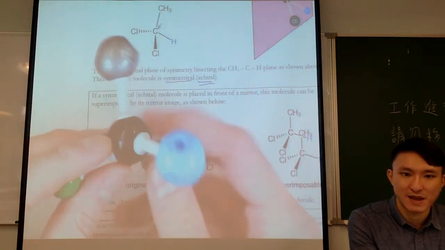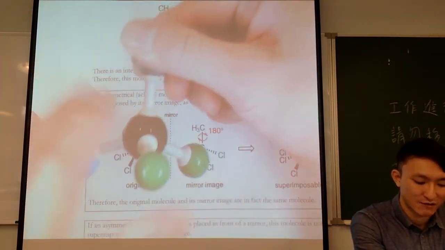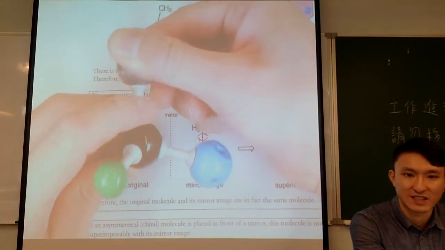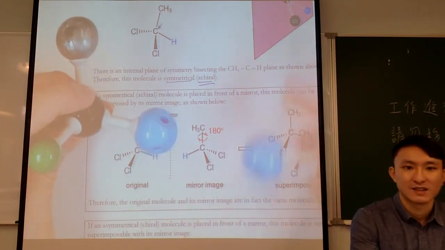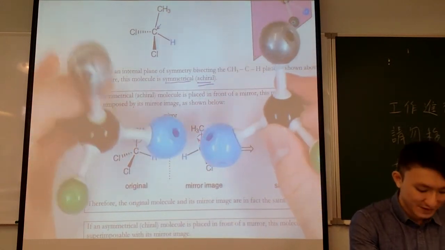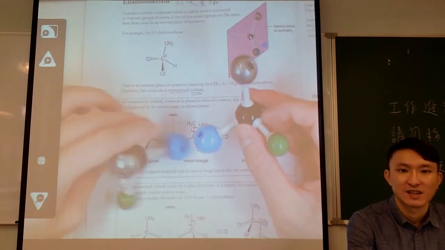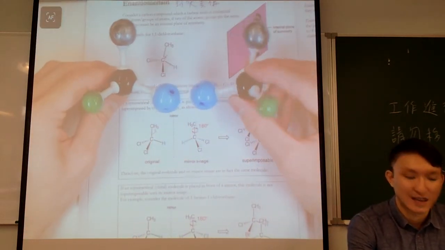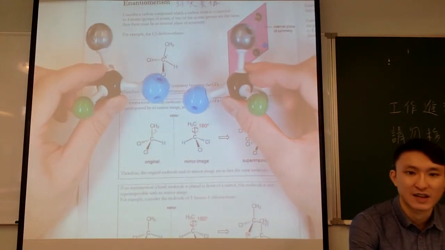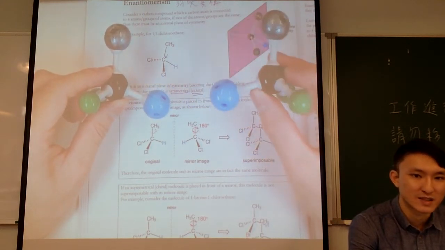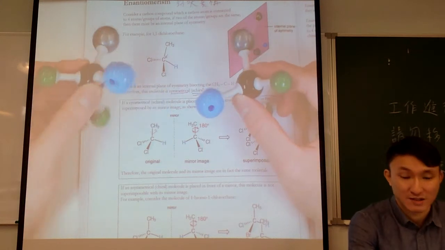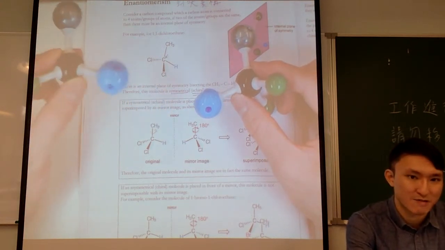Now I have made another one. Let's rotate it back another 180, so it goes back to this one. Now I have also prepared the mirror image. I aligned it according to my notes. So this one is the mirror image of this, or you can do it the other way around. This one is the mirror image of this.